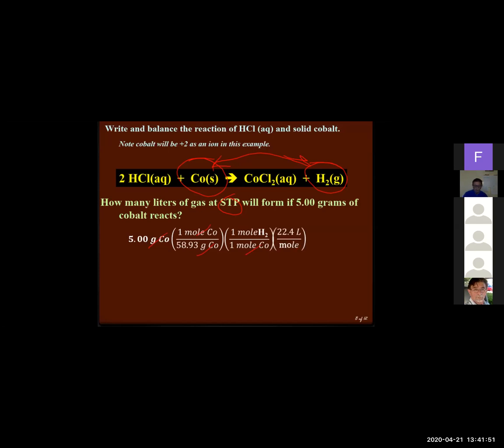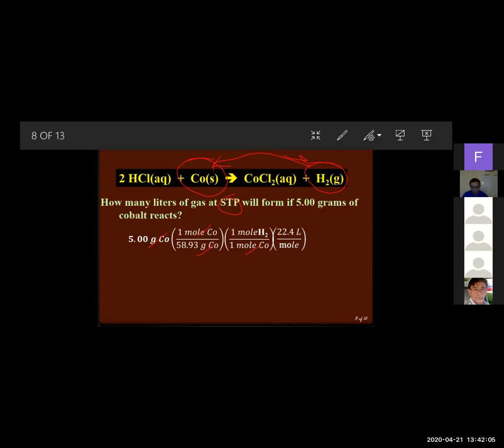Then, because we are at STP, we can use that relationship that takes us directly into liters, 22.4 liters per mole for hydrogen, because we are at STP and only at STP.